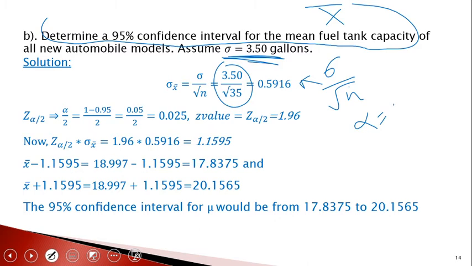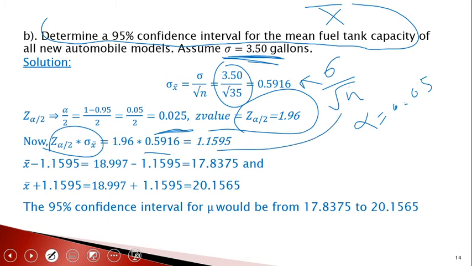Here alpha is 0.05, divide by 2, you can get this, and you can calculate the c value. Now c times this value becomes 1.96, multiplied by the value you got from here. Okay, this is the value.